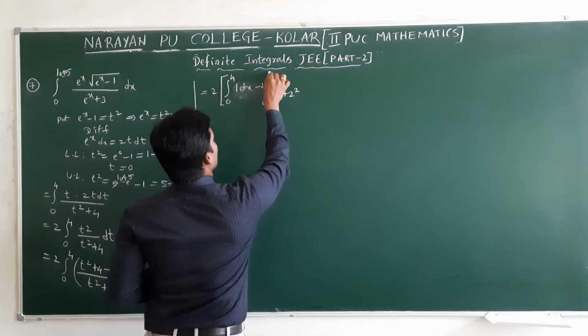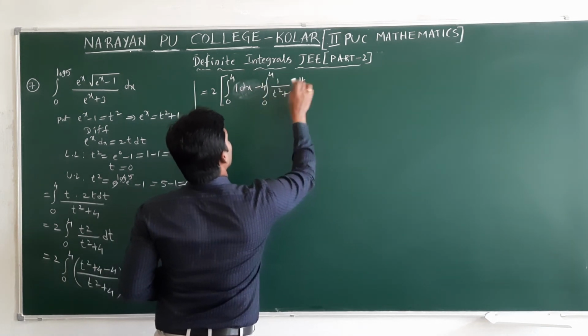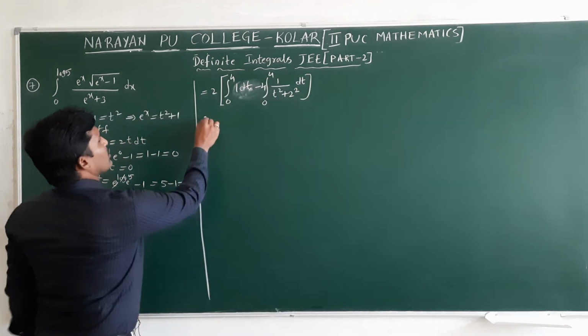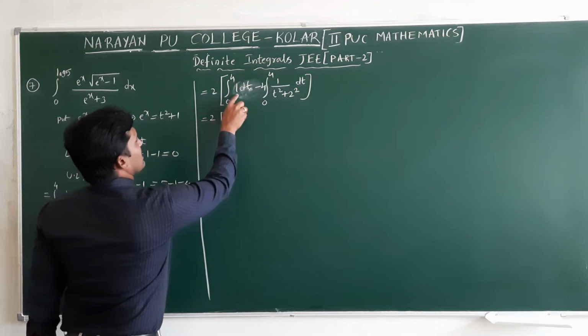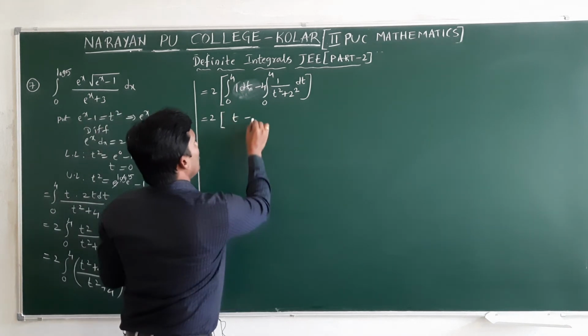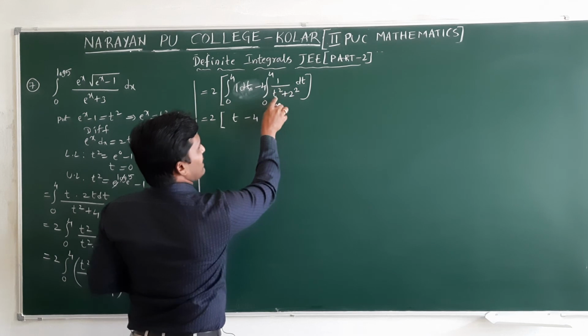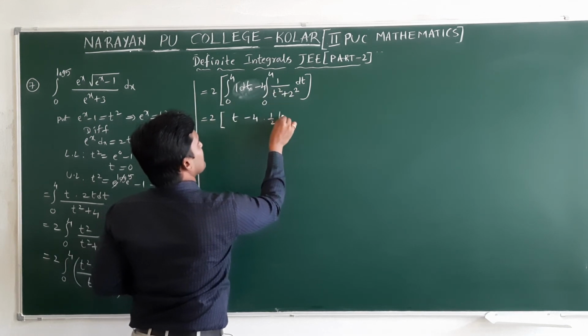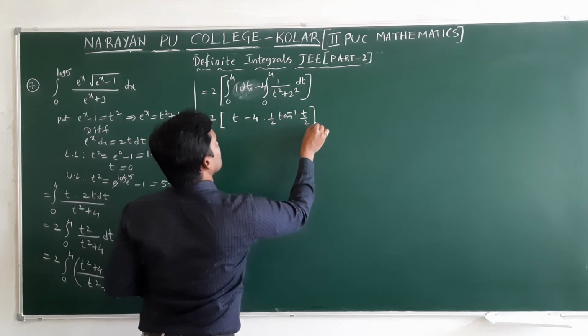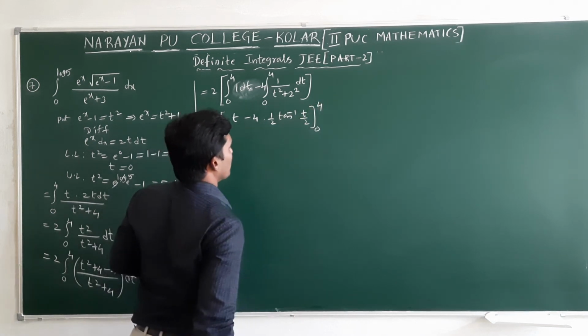Now 2 into integral 1 dt is t, and 4 into integral 1 by x square plus a square is 1 by a tan inverse of t by 2, from 0 to 4.